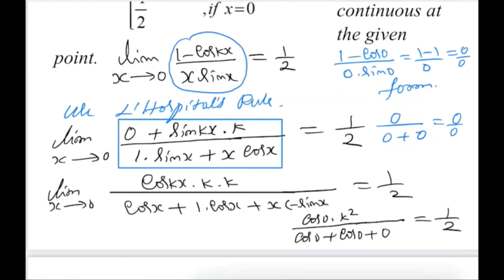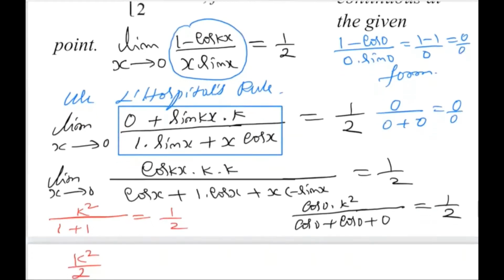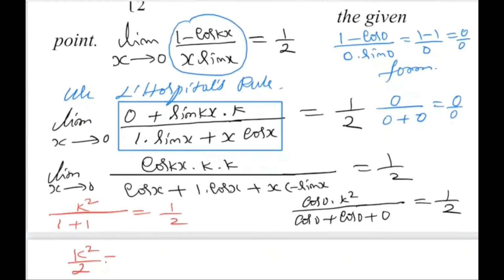Since cos 0 is 1, so you get 1 into k square upon 1 plus 1, that is equal to 1 by 2. So k square upon 2 is 1 by 2. K square is 1. So that implies k is plus or minus 1.